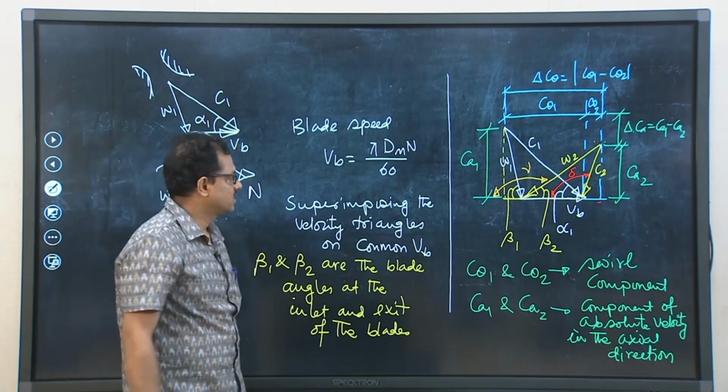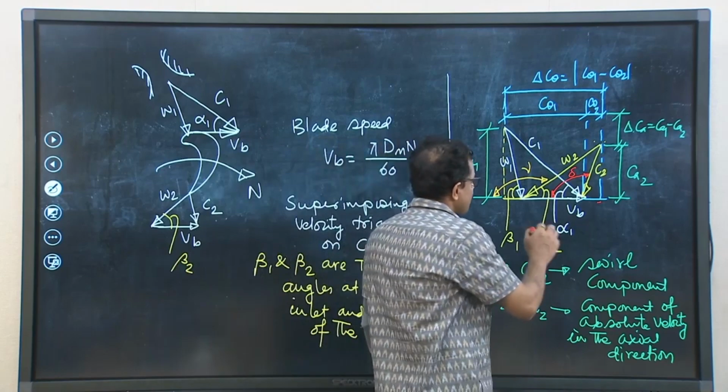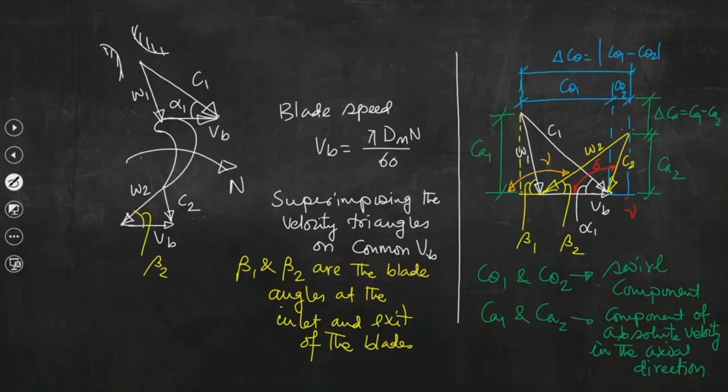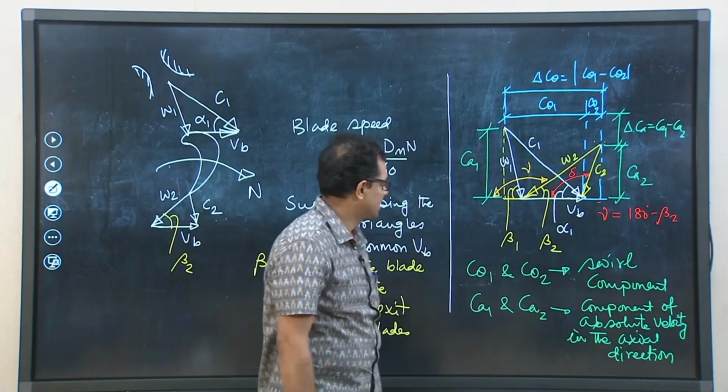So, these two are important. Gamma equals 180 degrees minus beta 2, and delta is the angle made by the exit absolute velocity of steam leaving the blades with the plane of rotation of the wheel.